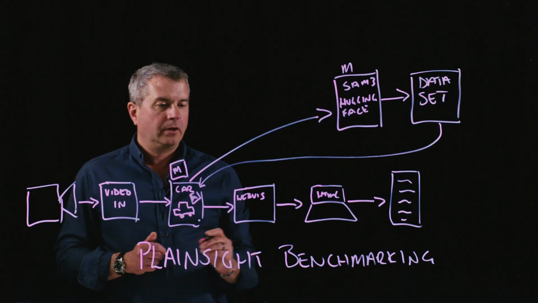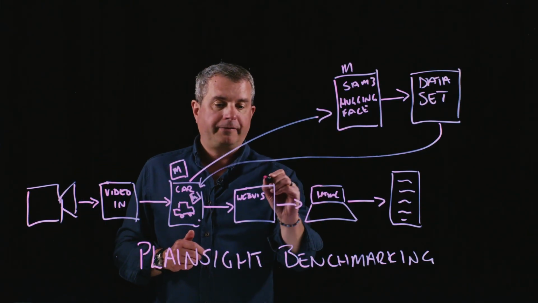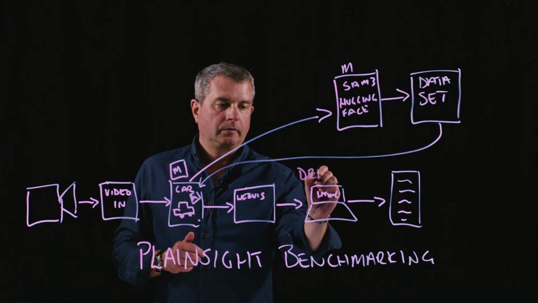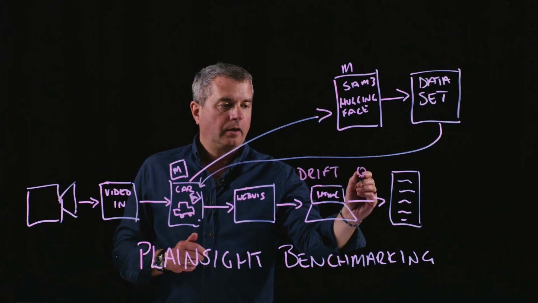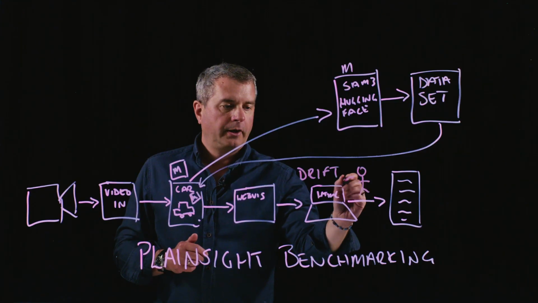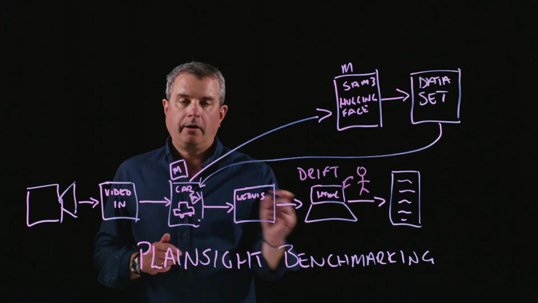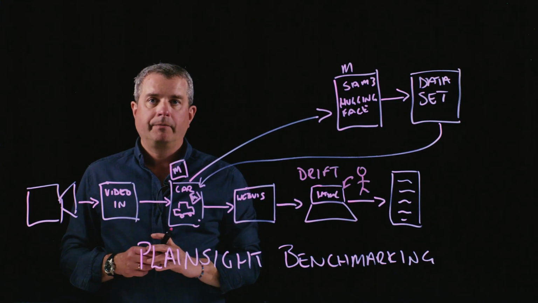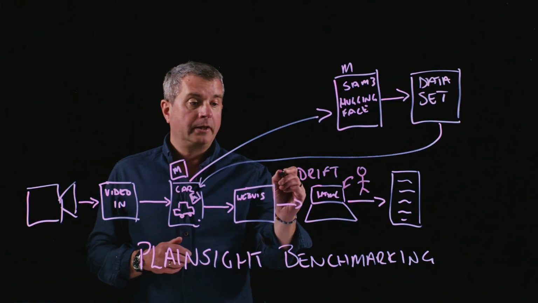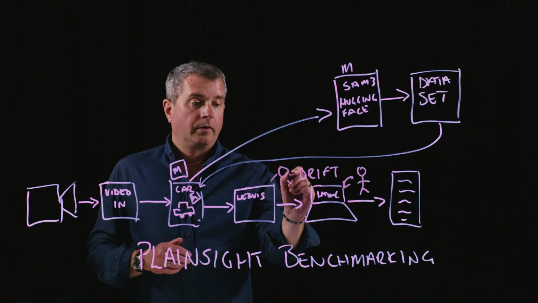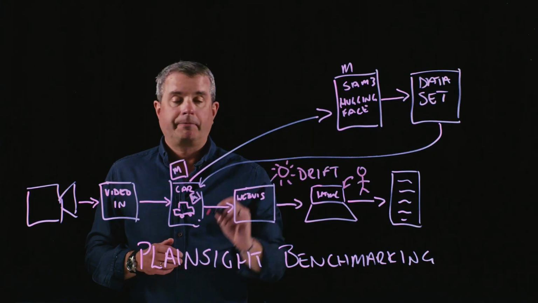But what happens when we experience drift? It may be that a human looking at this output sees a car that hasn't been detected by the Vision AI application pipeline. And that could be because the sun is shining.